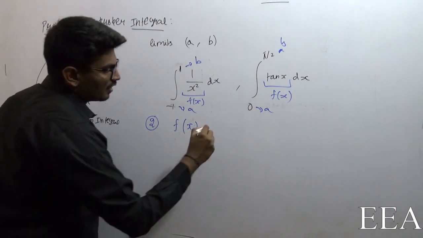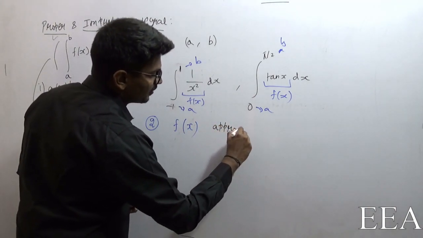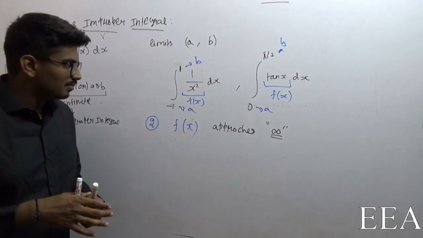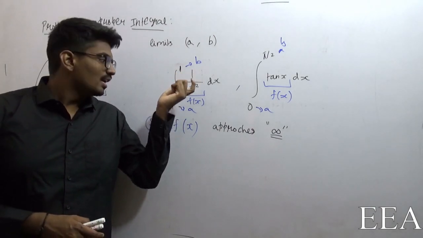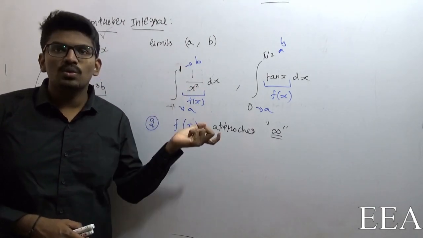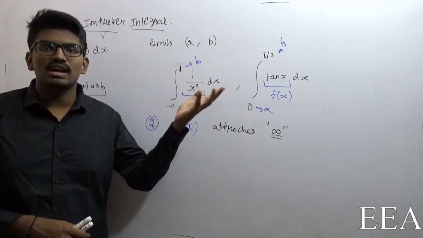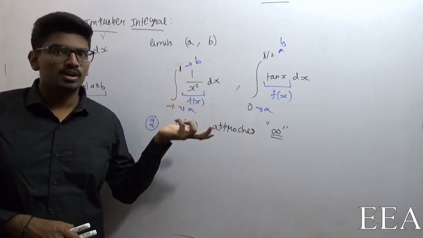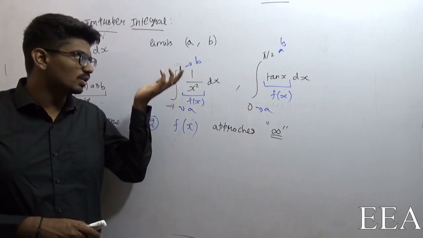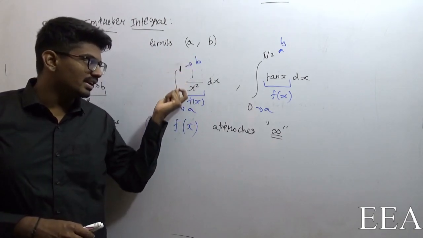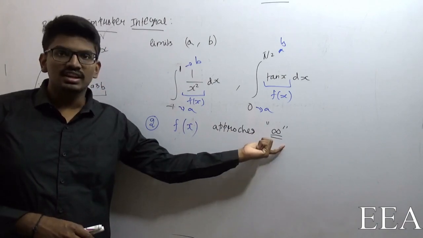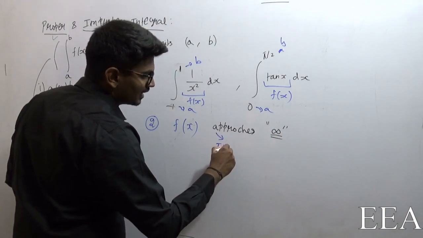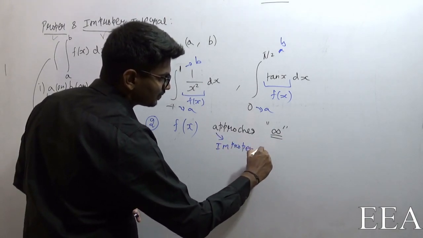If f of x approaches infinity, between these two limits, minus 1 and 1, there are many values, 1, 0.9, 0.8, 0.4, 0, minus 0.9, minus 0.8, minus 0.7, all between minus 1 and 1. If any one value between these two limits makes f of x infinity, then it will fall under improper integral.